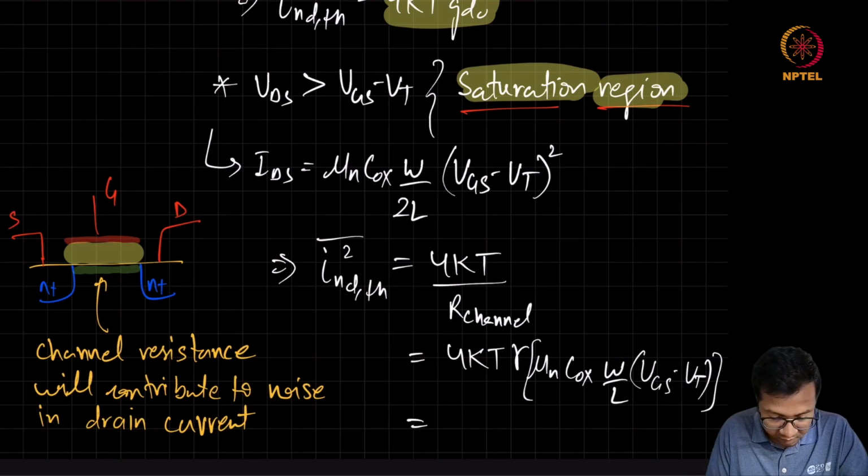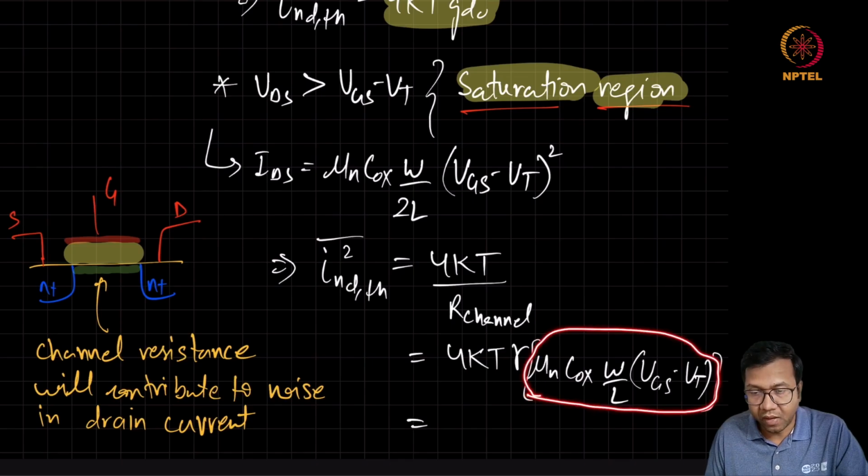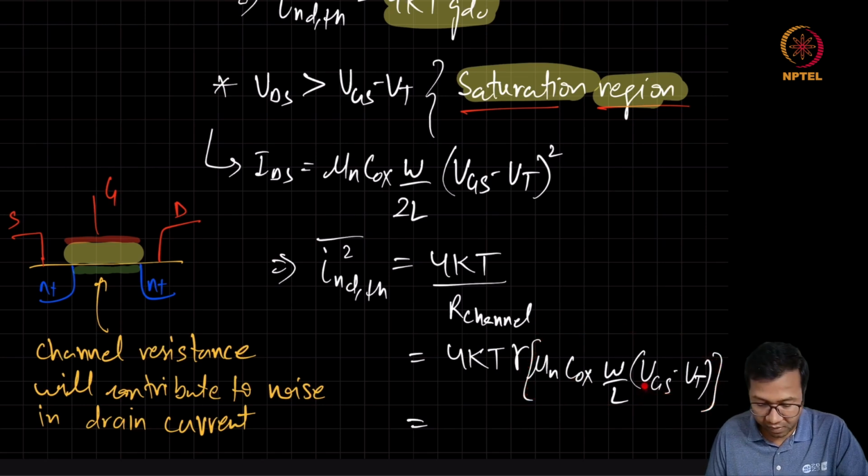That factor we call the noise factor. If we look closely, we can see that this expression is actually the GM of the transistor when a gate source voltage or VGS is applied. So we can rewrite it as 4kT gamma GM.